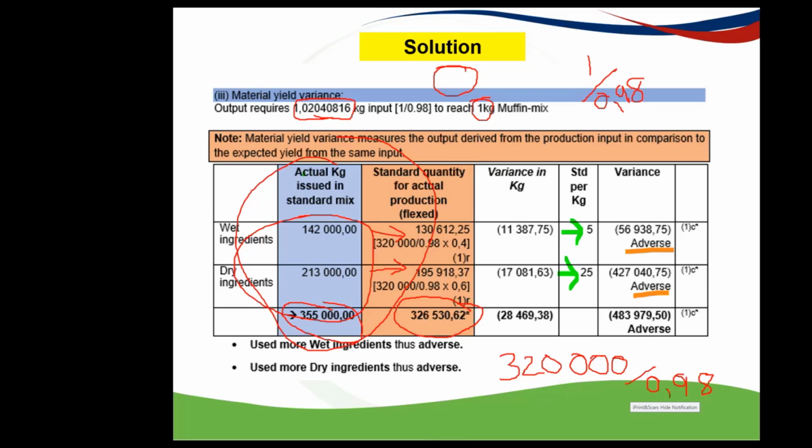It is 355,000. And then I ask myself, what is the normal loss? The normal loss is 2%. So it means of these 355,000 ingredients that were issued, some of them will be lost. So I have to subtract that 2% from 355. So then it means that the expected output in standard mix would have been 347,900, ma'am.